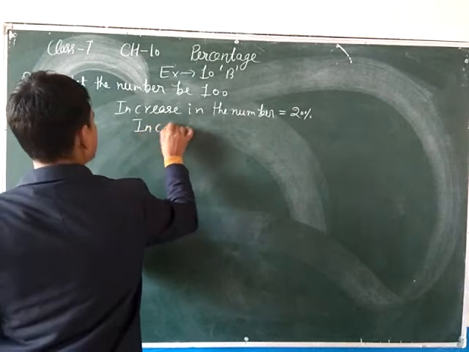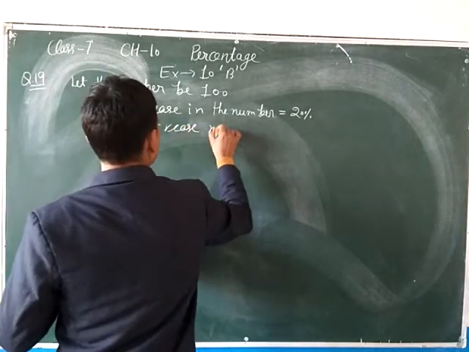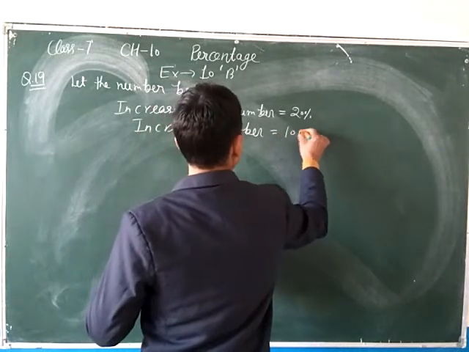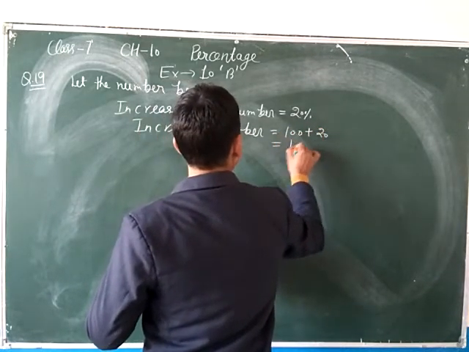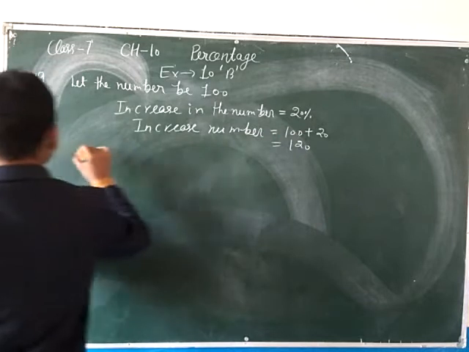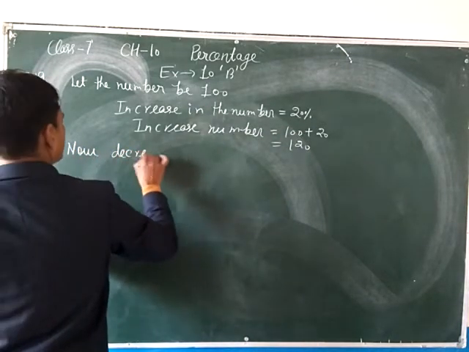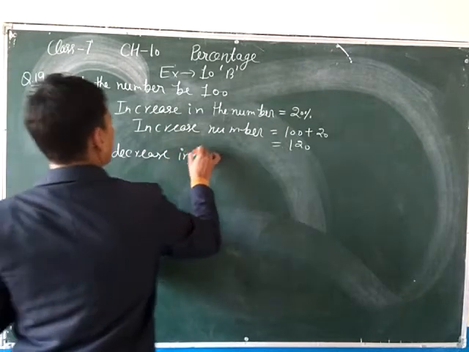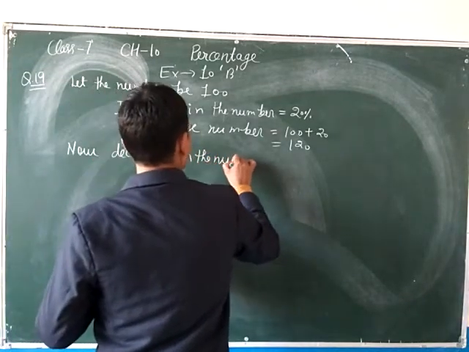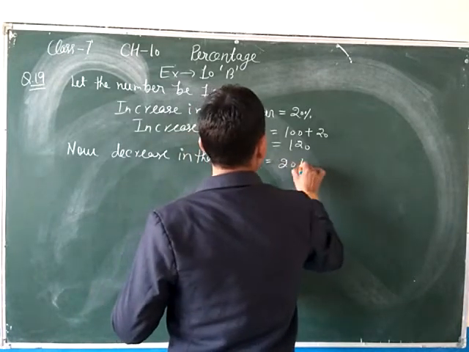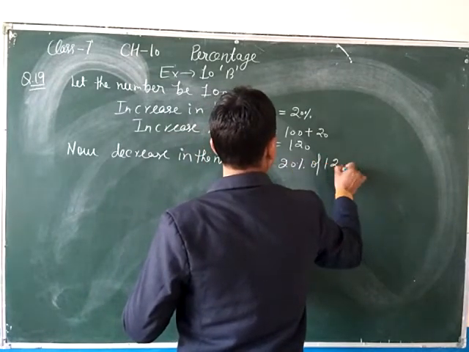So increased number equals 100 plus 20, which means 120. Now decrease in the number equals 20% of 120.